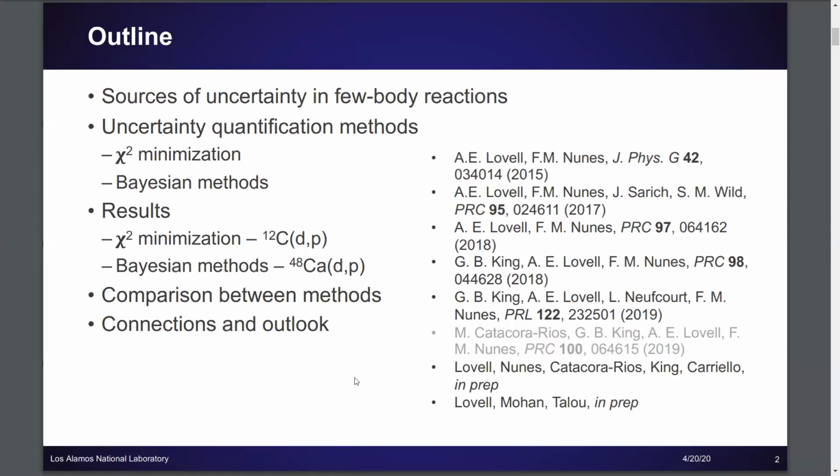And just to give more detail to this outline, here is a list of the works that we've published in this series of trying to quantify reactions and uncertainties. So if you're interested in getting more of the details, you can look at any of these. They cover different subsets of this work, and I'll show things primarily from these first 5 papers.